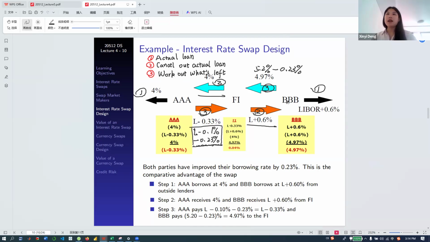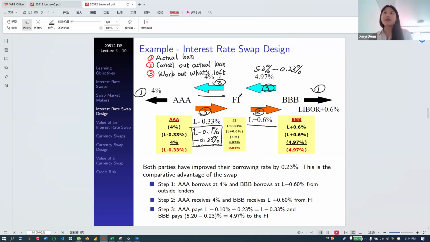And for BBB, what happens is that this LIBOR plus 0.6% of inflow, this interest payment received, will cancel with this interest payment, so it's paying to the actual lender. So for BBB, what's left is just 4.97% of the borrowing costs.